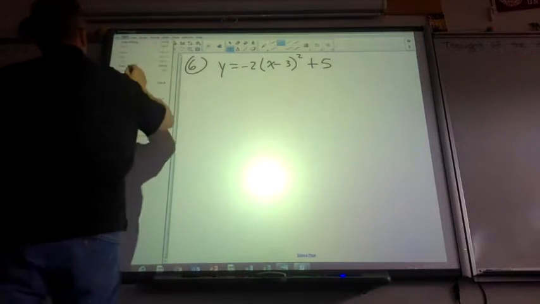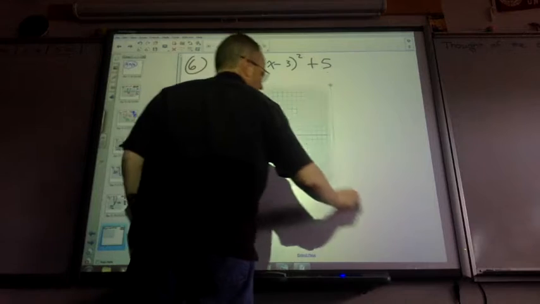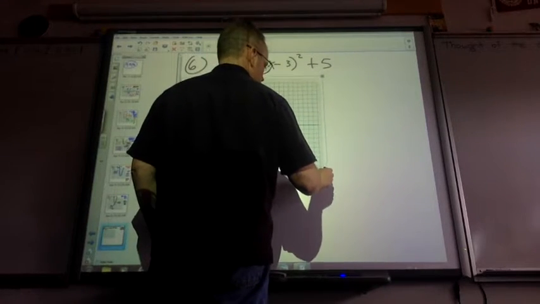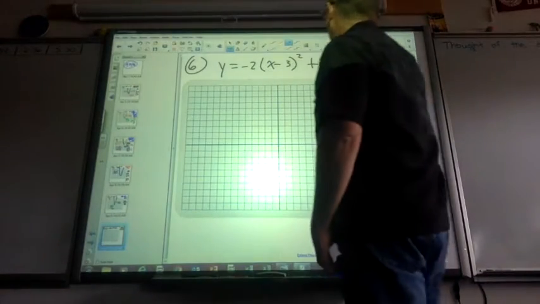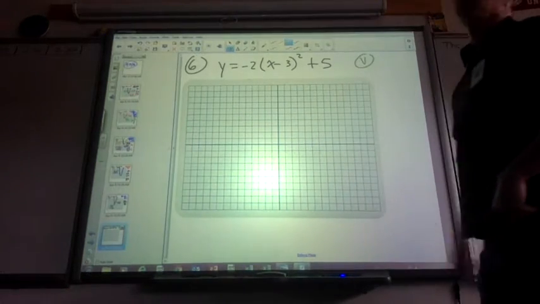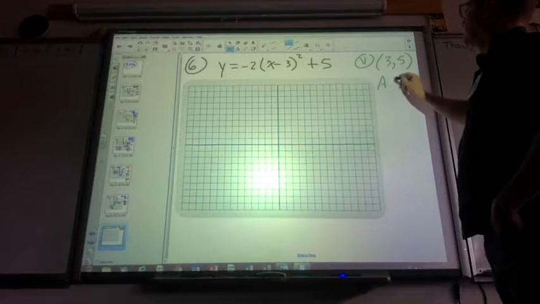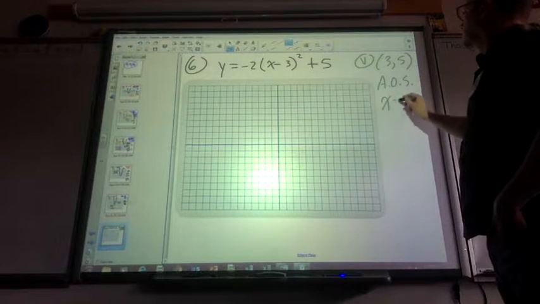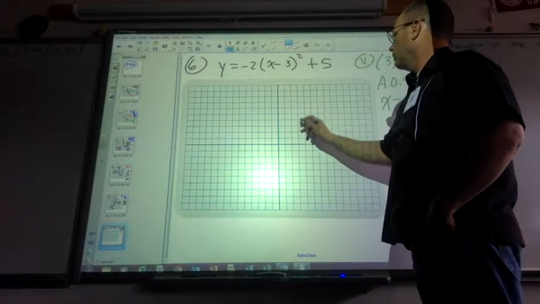Vertex: 3, 5. Axis of symmetry: x equals 3. Plot 3, 5.